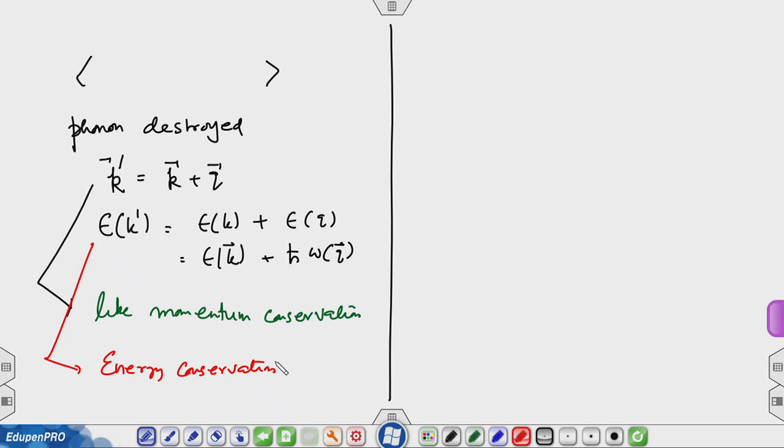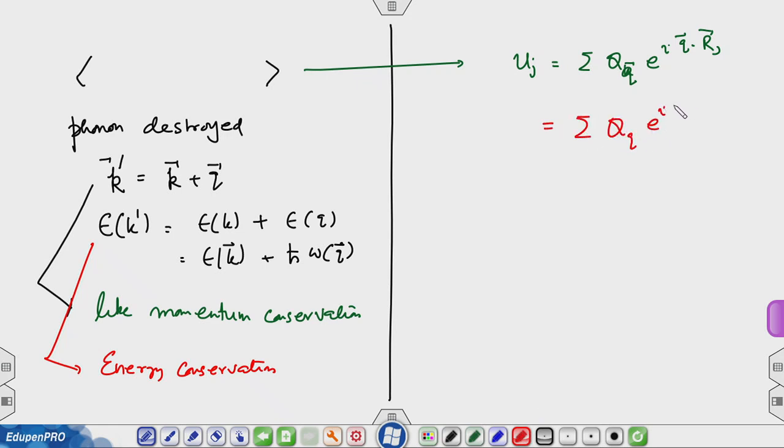Notice one more thing, when we looked at this matrix element, I had written u_j equals the summation over q of u_q e raised to i q dot r_j. I could equally well have written this as the summation over q of u_q e raised to i (q plus some reciprocal vector g) dot r_j.